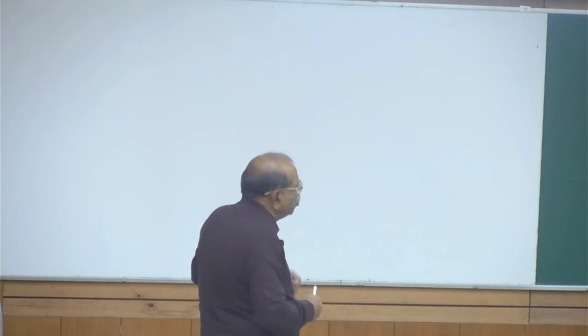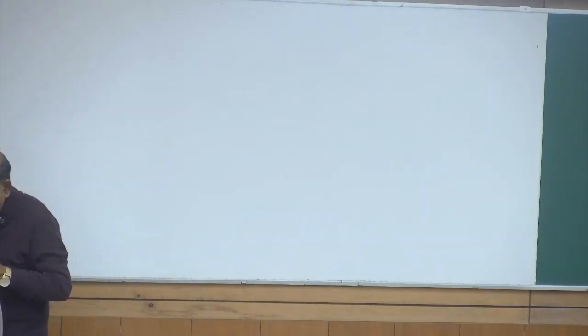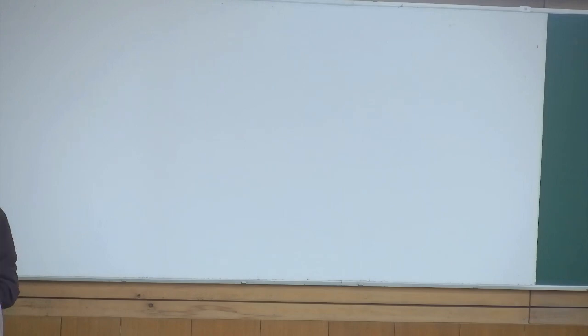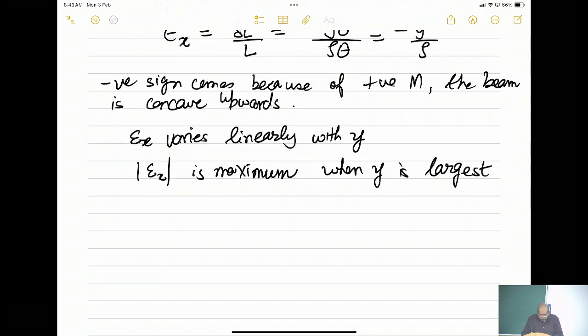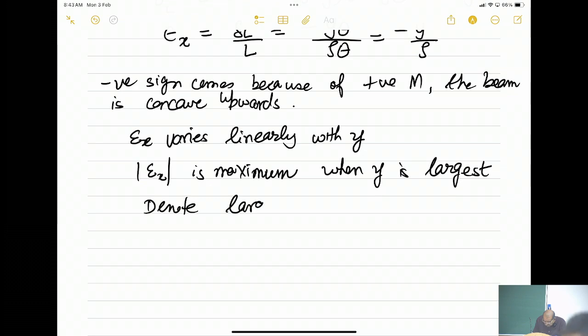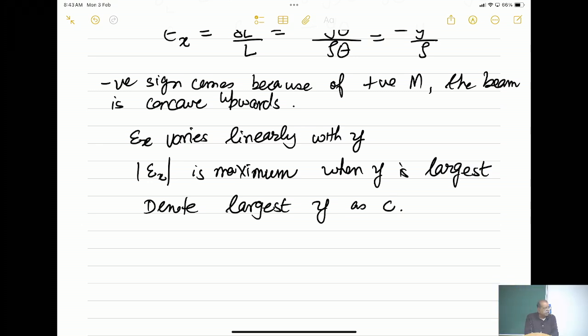So therefore, we look at modulus of epsilon x, and when is that maximum? This is maximum when Y is the largest. So we denote the largest Y as C.